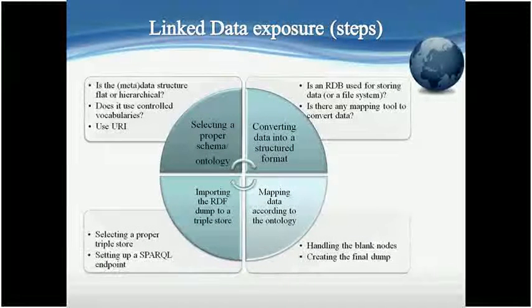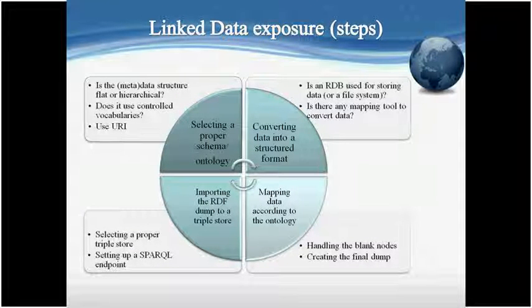So how can we expose our data as a linked data format? As you can see here, we have several steps to expose data as linked data. First, we should select the proper schema or ontology for our data. Maybe, for example, we can use some flat schema like Dublin Core for exposing our data as linked data.